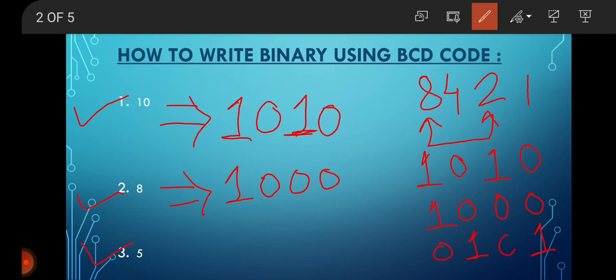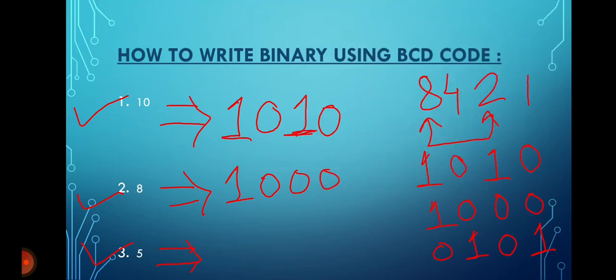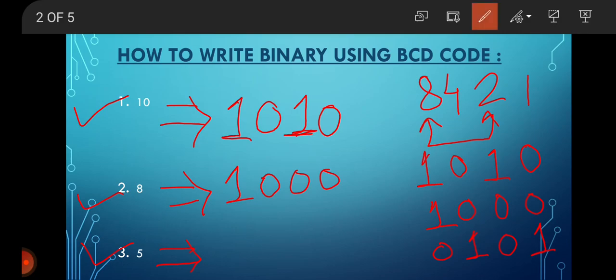Remainings are 0. Therefore we get the binary 0101 corresponding to decimal 5.